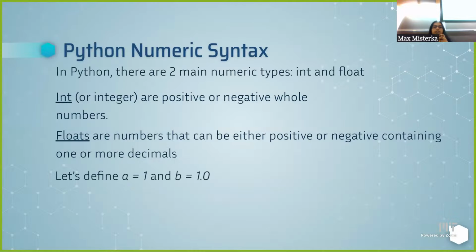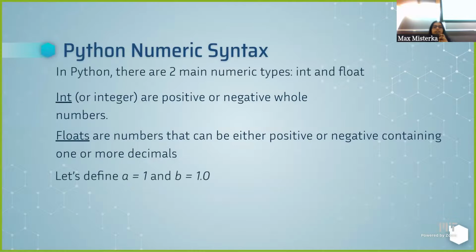So let's define a variable a to be equal to 1 and a variable b equal to 1.0. To us, 1 and 1.0 are the same thing, but Python treats them differently. Just to see that, we can print the type of a and b by using the type function.